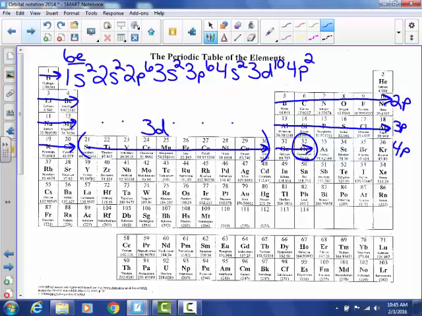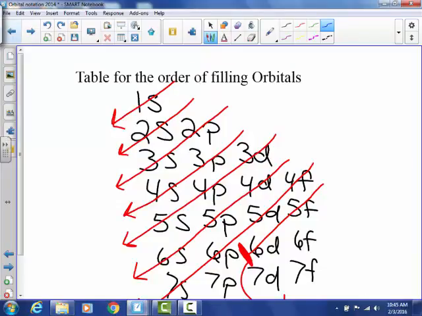And I'll just go over 2, because I go 1, 2. You just count them over. And that would be your electron configuration notation for germanium. So yes, these can get pretty long, okay? But the other thing is, if you're not sure of order, this table helps you.